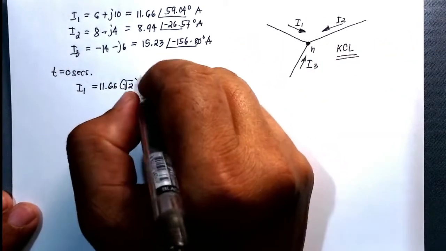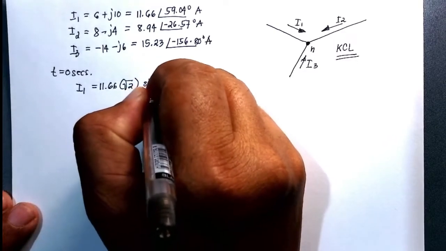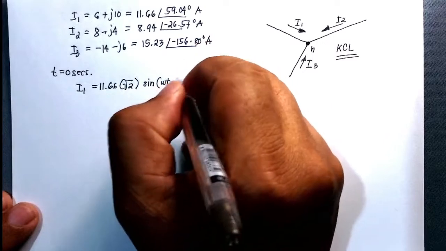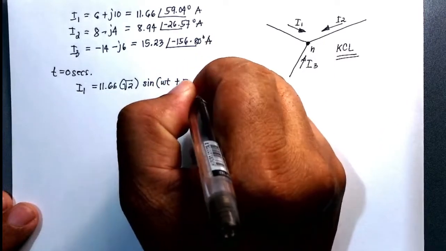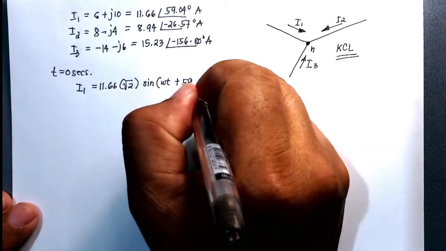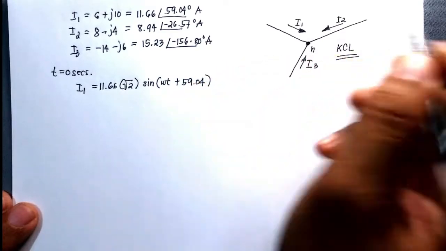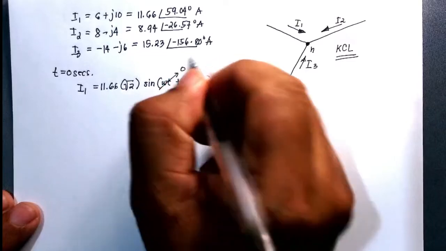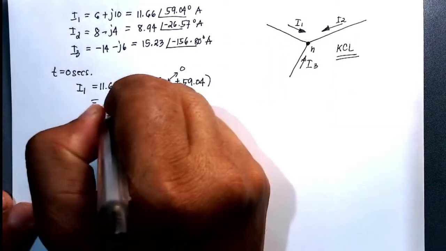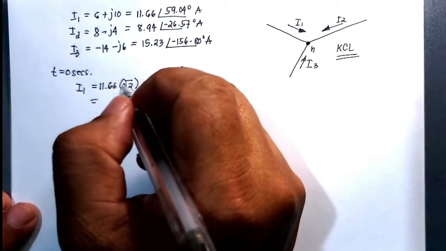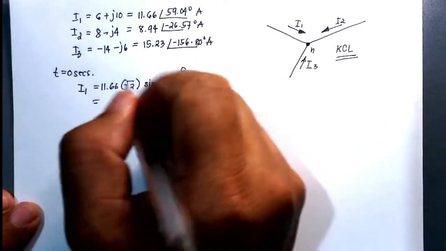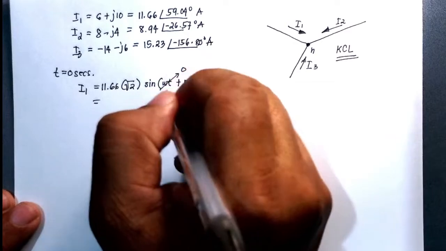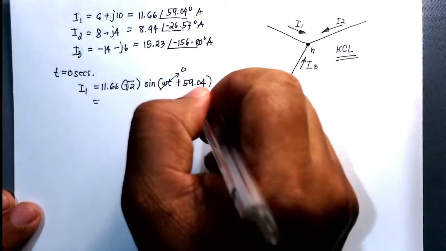So we get now the form sine of omega t plus the angle 59.04. But since t is 0, we have only 11.66 times square root of 2 times sine 59.04.